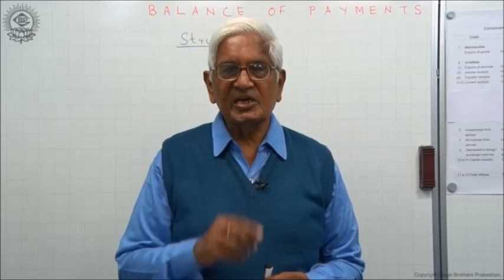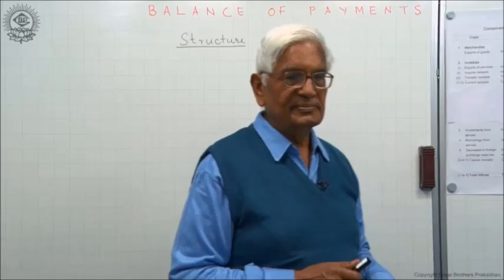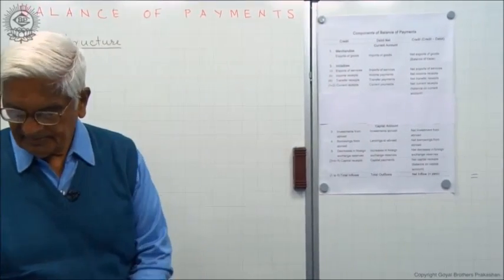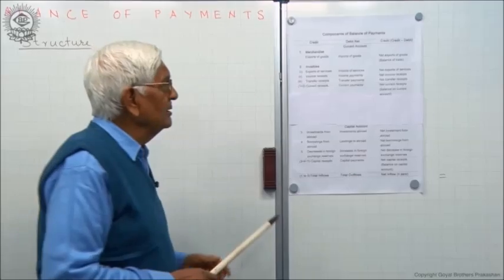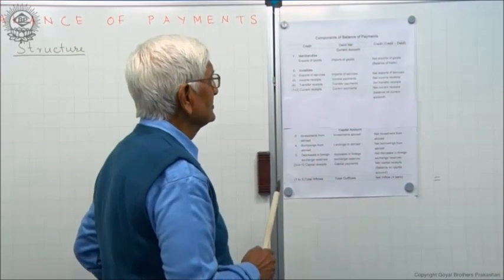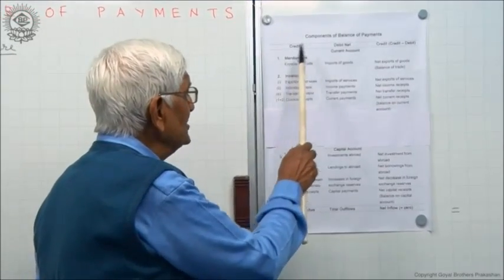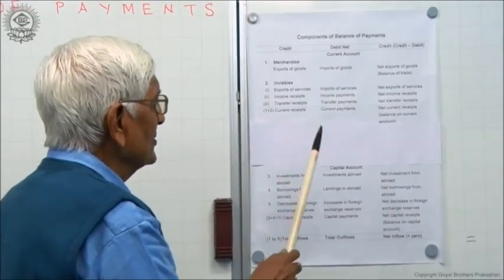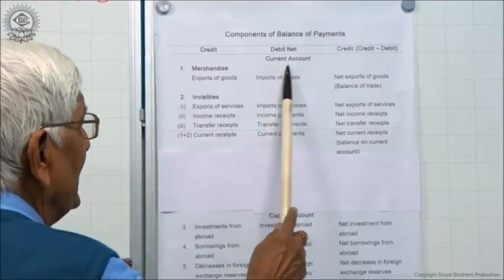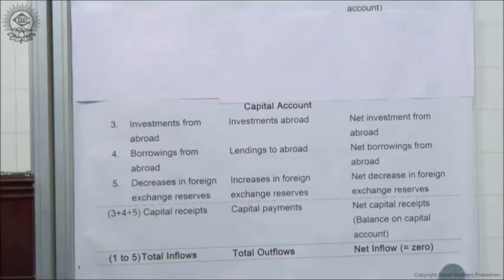The broad structure of the account is given here. Refer to this structure. Balance of payment accounts has broadly two parts: current account and capital account.